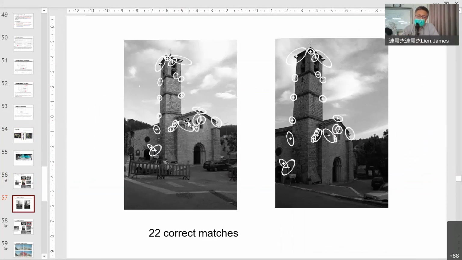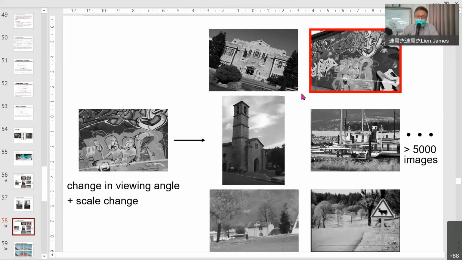So each one is a corner, and this is the corner angle, the edge angle. You'll find the same corner has the same distribution, the same angle, rotation, and eigenvalue. In this image, you can see both are the same.